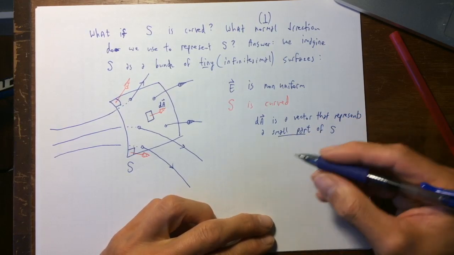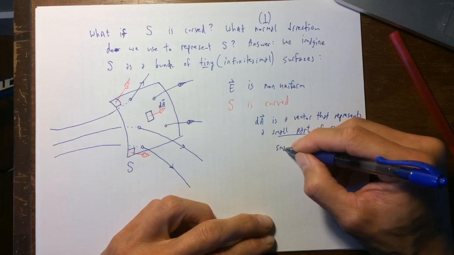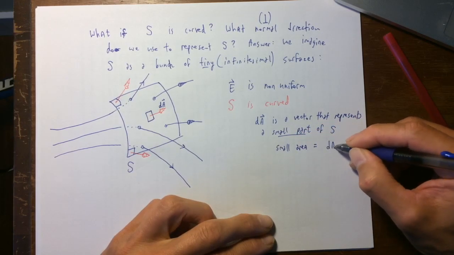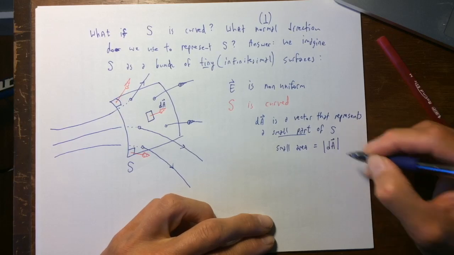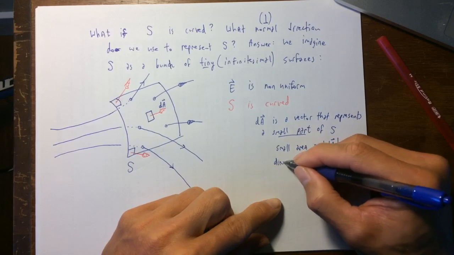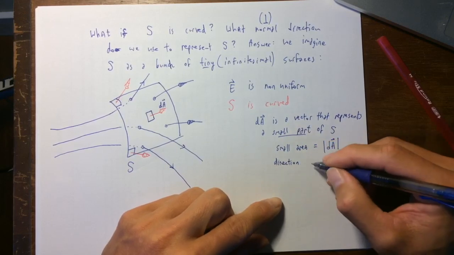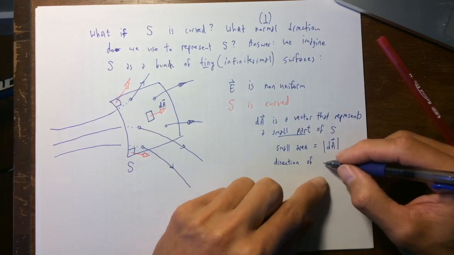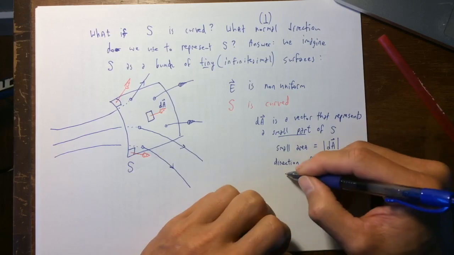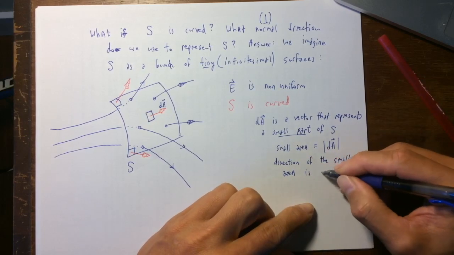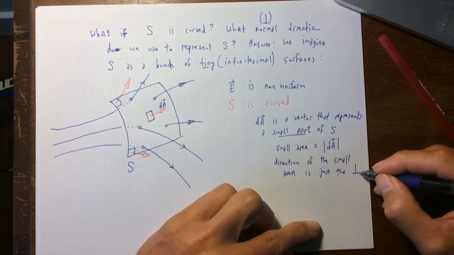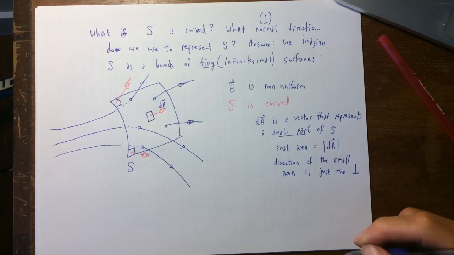And this small part has a small area which is equal to this vector's magnitude, and the direction of the small area is just the perpendicular, right?